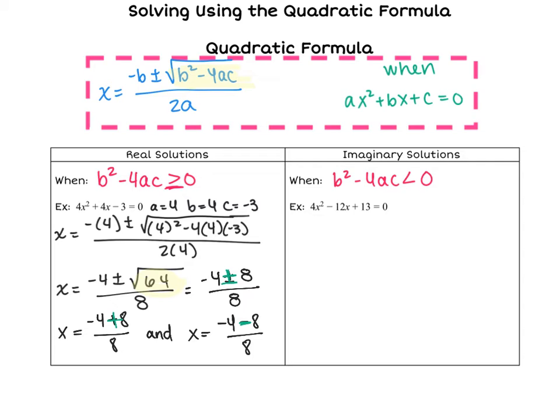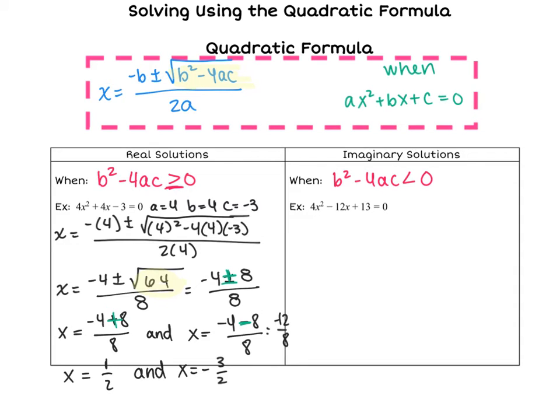We simplify the first fraction and we get positive 4 over 8, which is 1/2. And the second fraction is negative 12 over 8, which is negative 3/2. So we have two solutions, like any quadratic equation, unless it's the same solution twice, and we have 1/2 and negative 3/2.